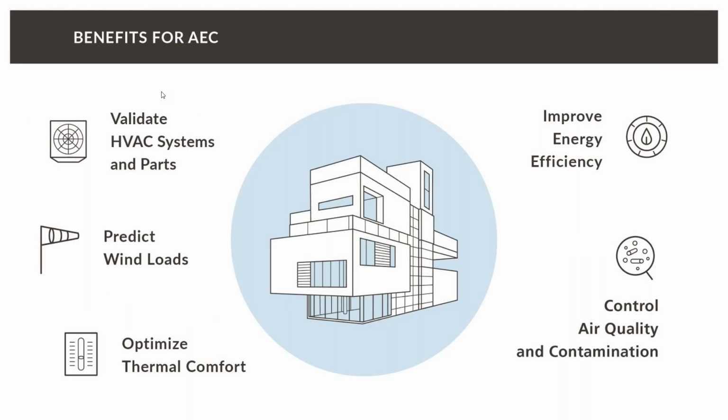Now I would like to talk with you about how simulation can actually be used in the building industry. SimScale supports 3 major types of simulations: structural simulation, fluid flow simulation, and thermal simulation.